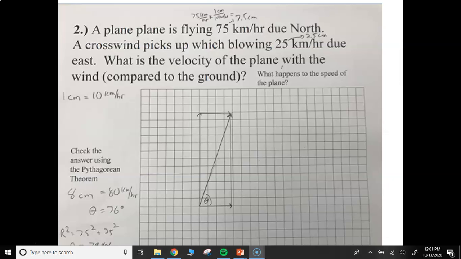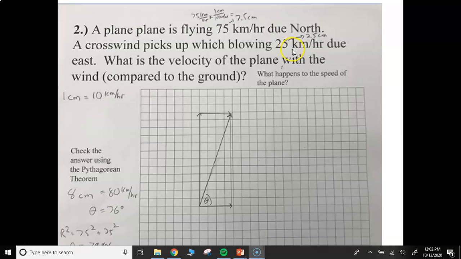Okay, so step one, figure out a scale. Okay, and I used a scale that 1 centimeter equals 10 kilometers per hour. That means that if I follow the same process, 75 kilometers per hour, okay, times 1 centimeter over 10 kilometers per hour, basically I'm going to divide by my scale to get it into centimeters. So I get 7.5 centimeters.